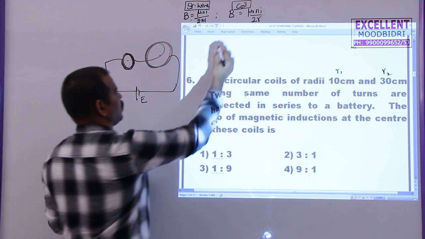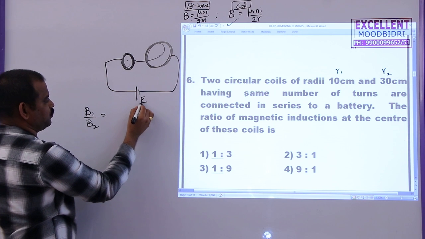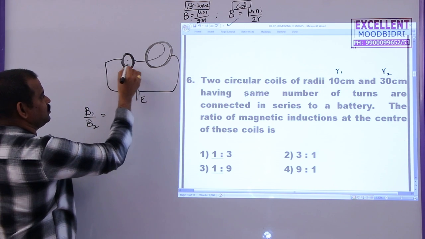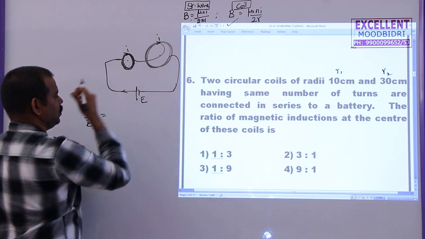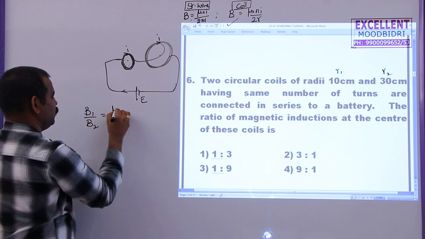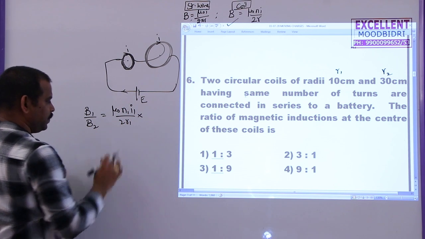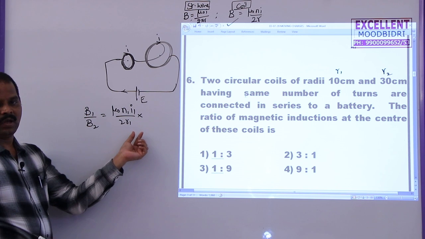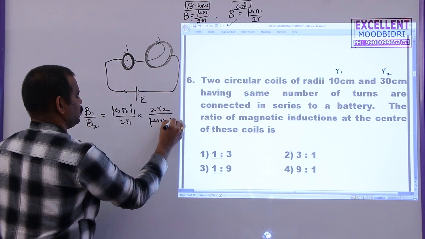Magnetic field due to a circular coil is mu naught Ni by 2R. So here, as both are connected to the same cell in series, the same amount of current will pass through these two. That is I1 is equal to I2. So B1 by B2 is mu naught N1 I1 by 2R1 divided by mu naught N2 I2 by 2R2.